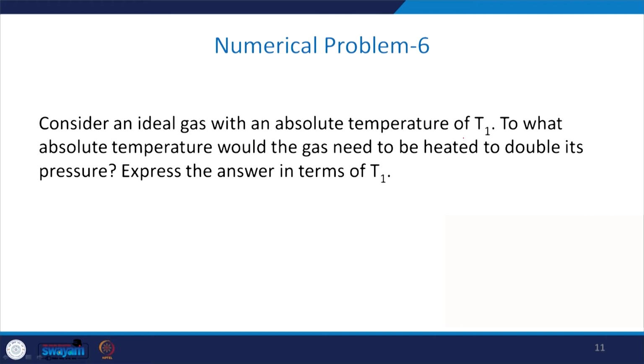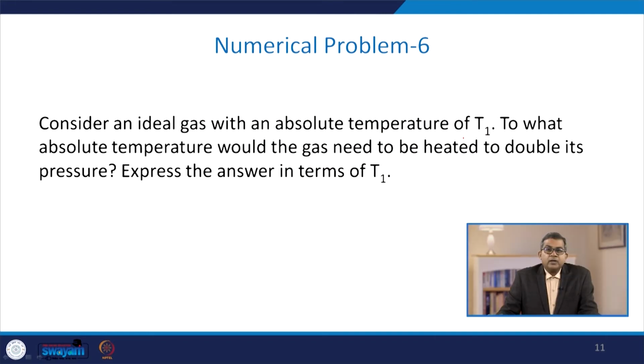So in another problem, you consider an ideal gas with an absolute temperature of say T1. Now to what absolute temperature would the gas need to be heated to double its pressure? You need to express the answer in terms of T1.